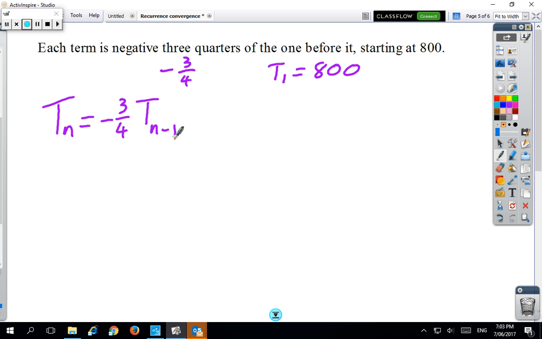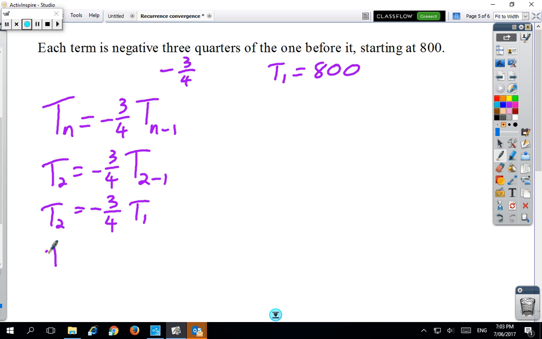In this case, term 2 is going to be minus 3/4 of term 1. So term 2 must be minus 3/4 of 800.